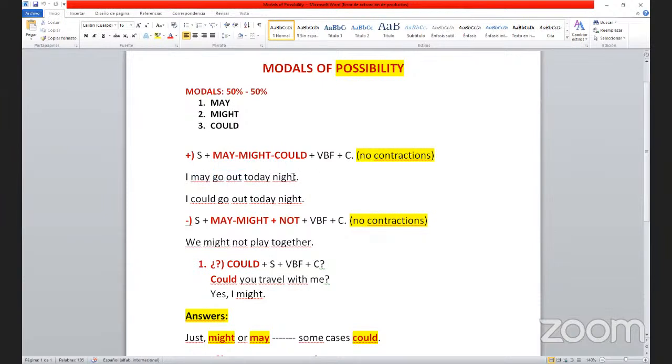This is a possibility. I could go out tonight, so this is another possibility. There is no difference between these 3 because we can use them in informal and formal situations. All of them express 50% certain and 50% not certain, so 50-50.